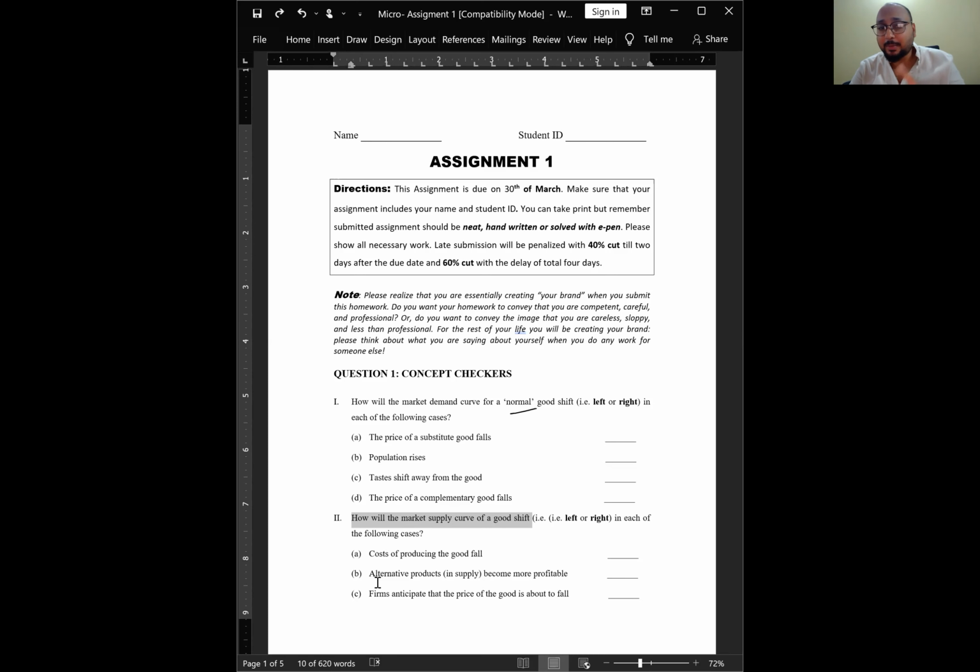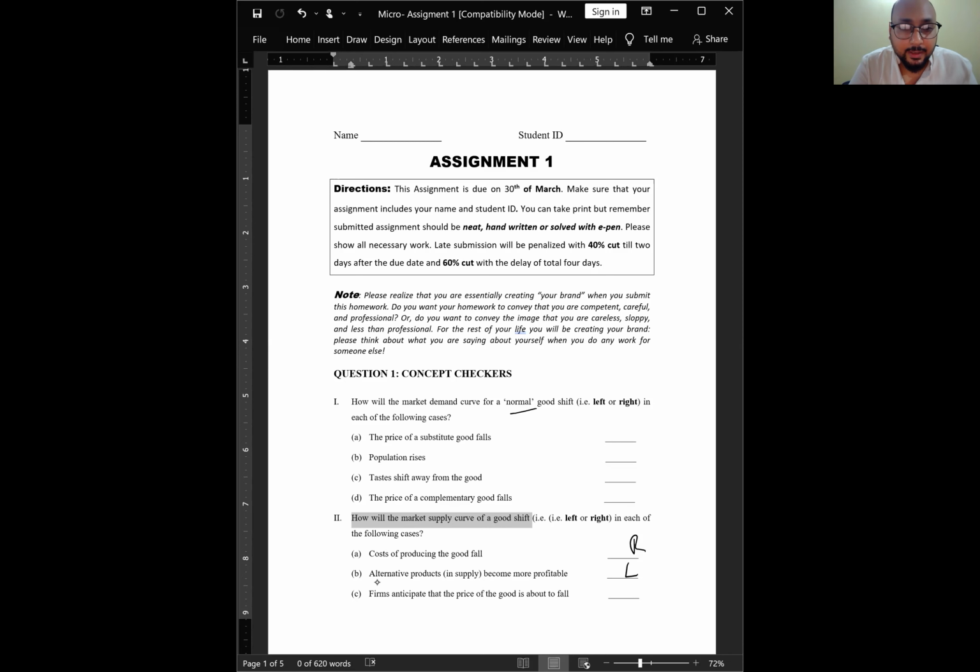Alternative products in supply. The supplier is making this product and the other product as well. Now the other product is becoming more profitable. So they reduce the supply of this product and try to increase the production of the other one. So supply of this product decreases. Understand everyone? So here, shift to the left.